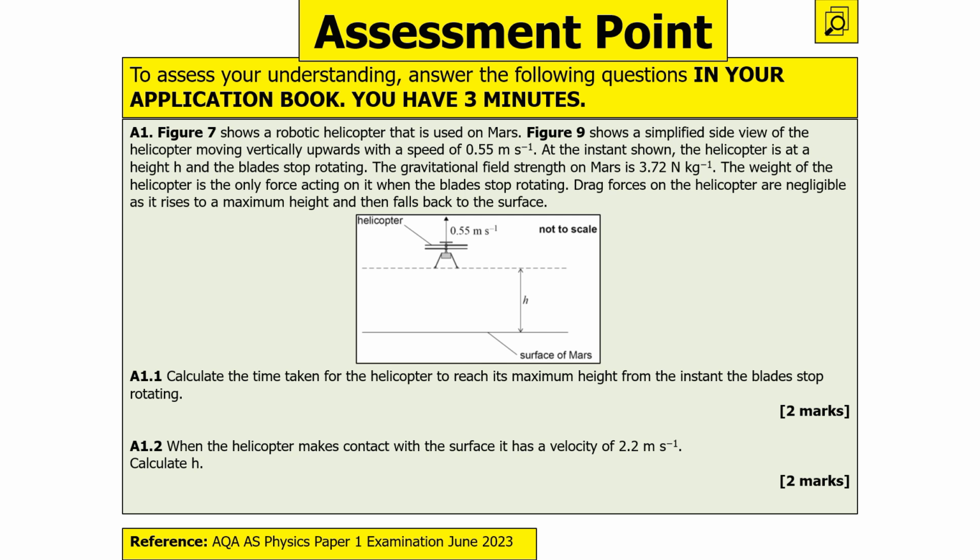The drag forces on the helicopter are negligible as it rises to a maximum height and then falls back to the surface. Calculate the time taken for the helicopter to reach its maximum height from the instant the blades stop rotating. When the helicopter makes contact with the surface, it has a velocity of 2.2 metres per second. Calculate h. So pause the video now, then unpause the video when you want to go through your answer.